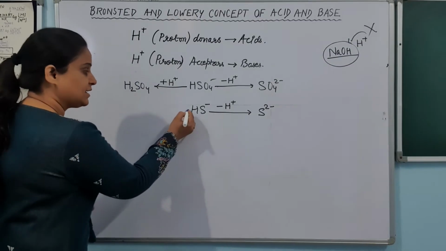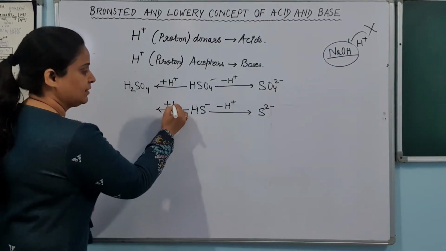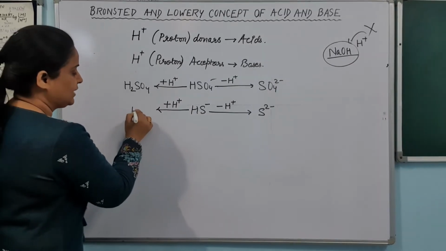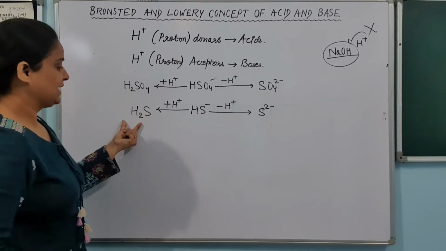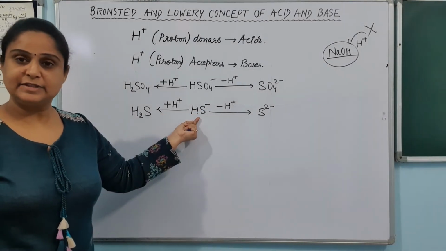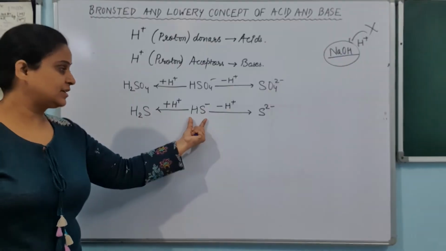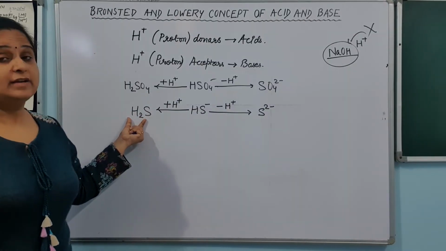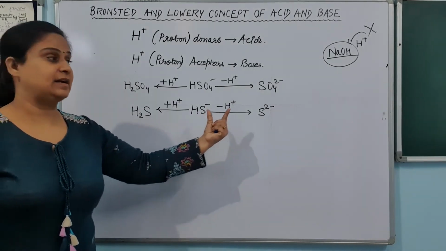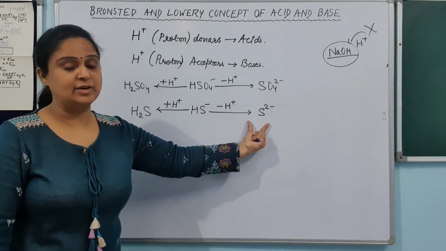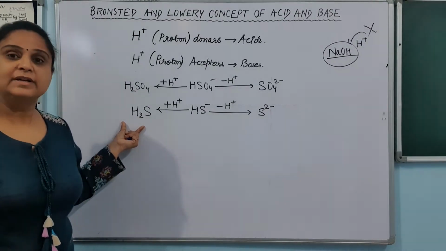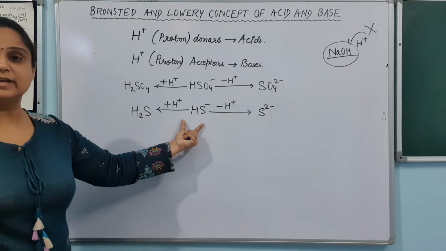But can it gain proton? Yes. When it gains proton, it will convert into H2S. एक और H plus आया तो इसका ये minus will be just nullified. ठीक है. So this is how it is converted into H2S. Fine. Now you can understand here. It can behave like acid by loss of proton. It can behave like a base by the gain of proton. That is why it is amphoteric in nature.